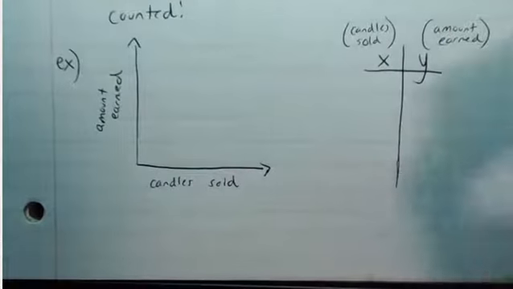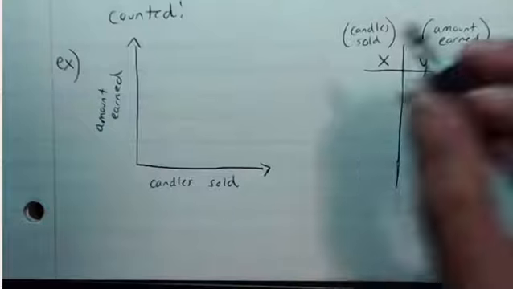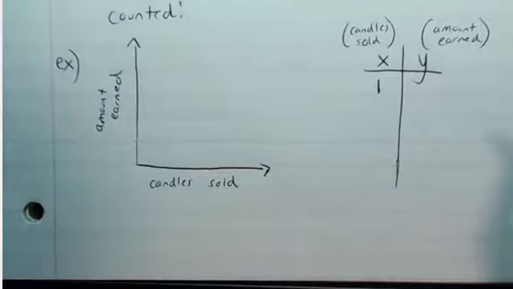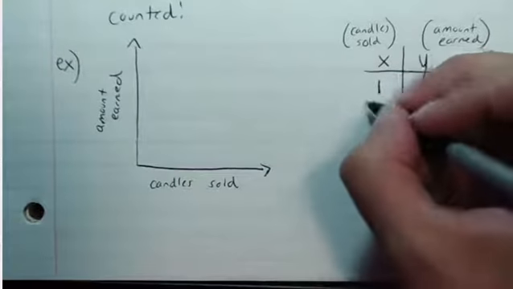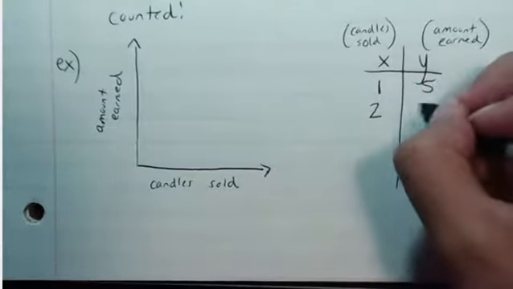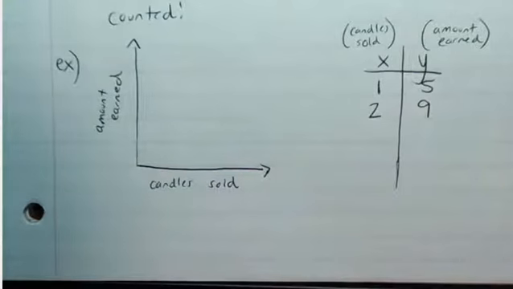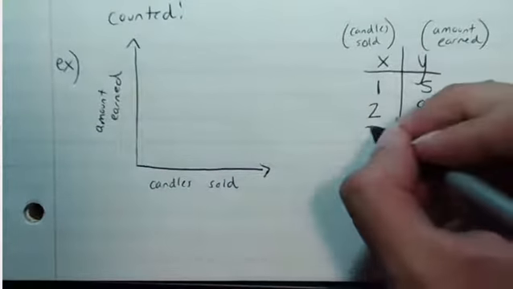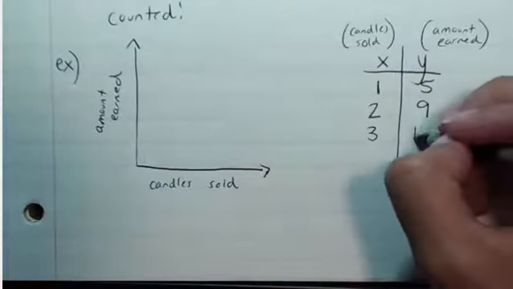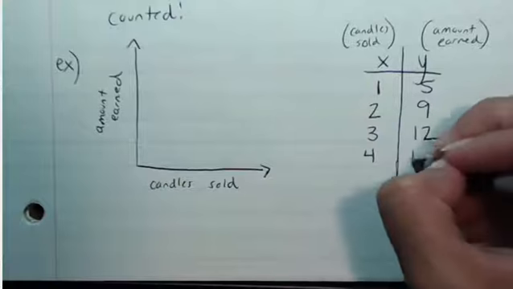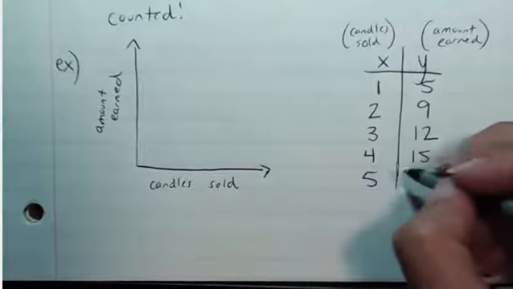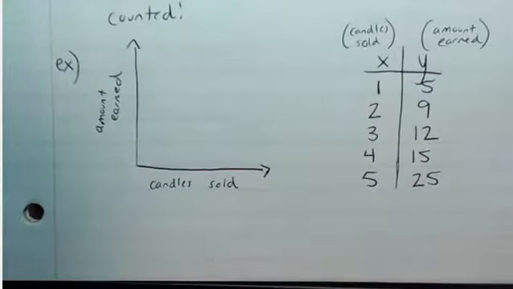So I'm going to give you some information. Okay, let's say 1 candle sold will earn me $5. 2 candles sold will earn me $9. 3 candles sold will make $12. 4 candles sold will be $15, and let's say 5 candles sold will be $25.